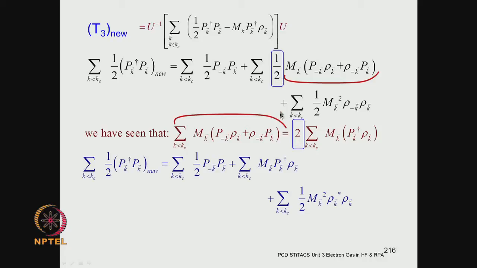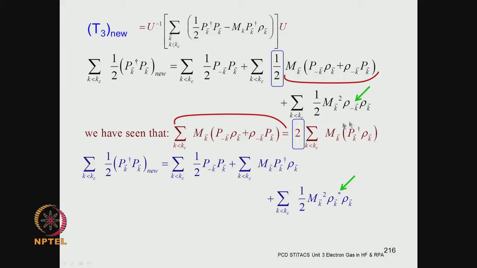So using this half and this 2, you can write the same left hand side, the same first term, and instead of this second term you write this term, but you take care of this half and 2. So this is a sum for k less than kc of m k rho, p dagger rho k, right? And this is the last term.